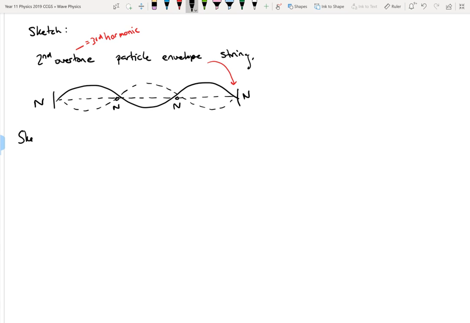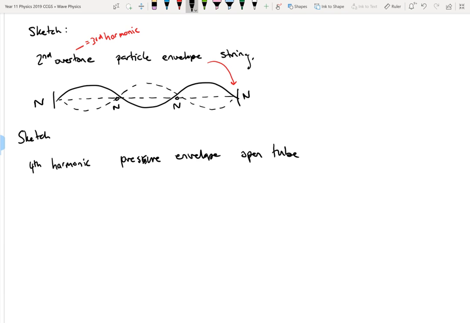Let's sketch the fourth harmonic pressure envelope of an open tube. Now, you could cheat and go back to page 19. It's got all of the envelopes for the first 5 harmonics.